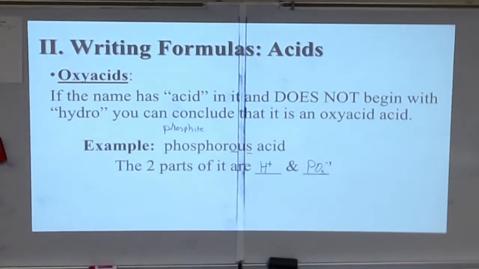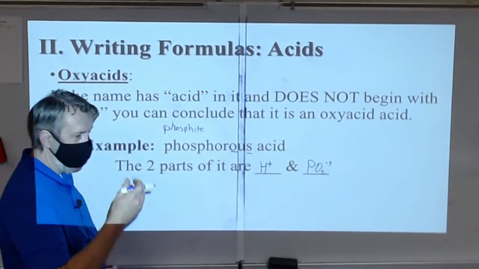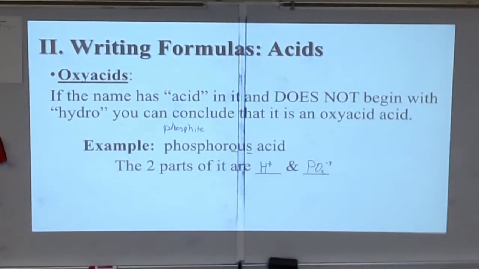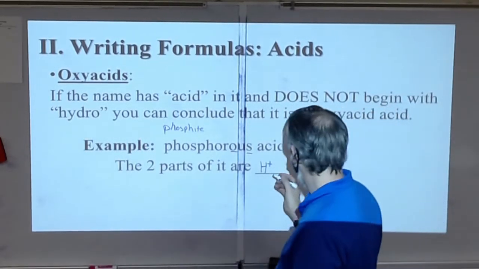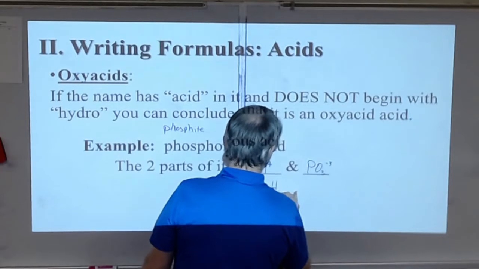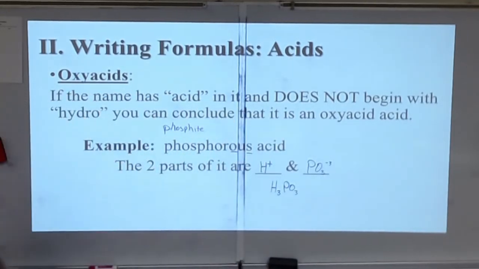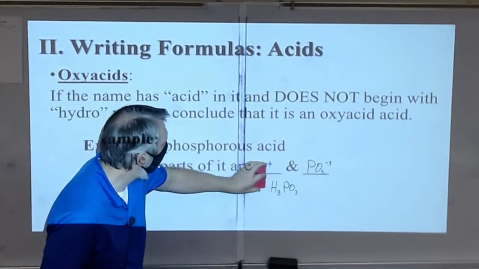If you don't have your polyatomics memorized, oh my goodness. This is something that should have happened way back in October. I'm going to crisscross that, and I'm going to get what? H3PO3. That is phosphorus acid. I think there's some pretty slides here to make up for that.